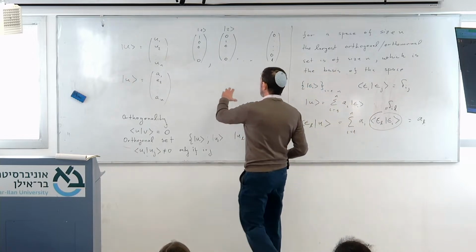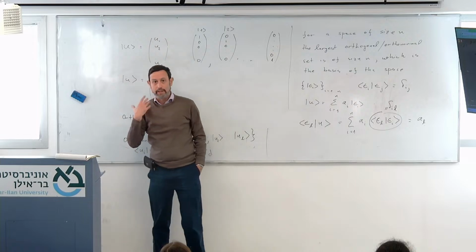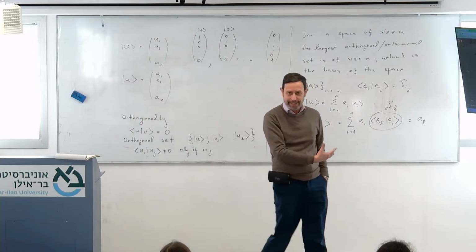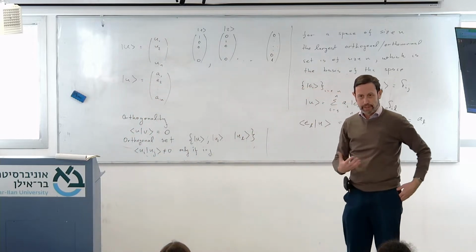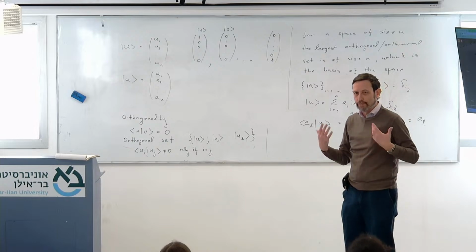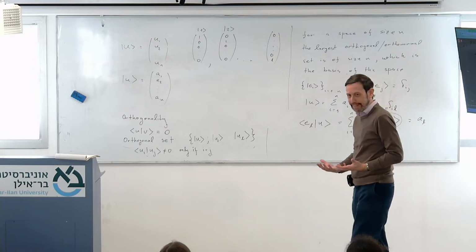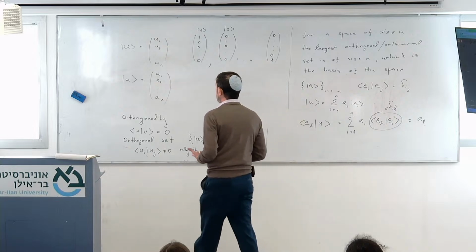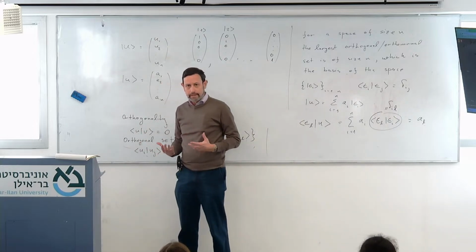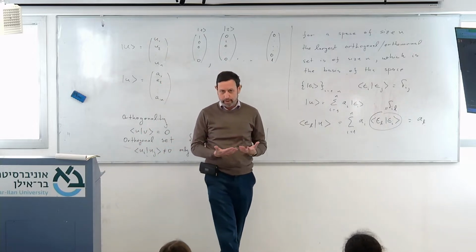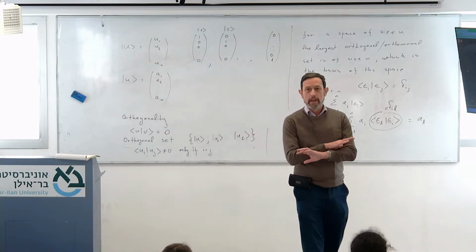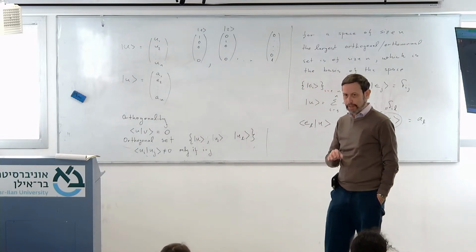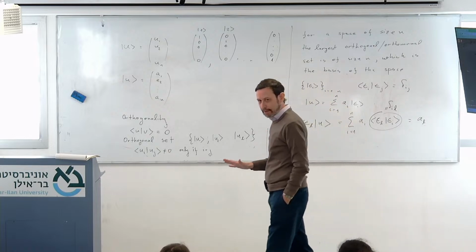Could be that in one basis the calculation is much easier than in another. There's no law of conservation of difficulty of performing the calculation, but the physical observables that I calculate cannot depend on the basis. If it depends, you know that you made a mistake.